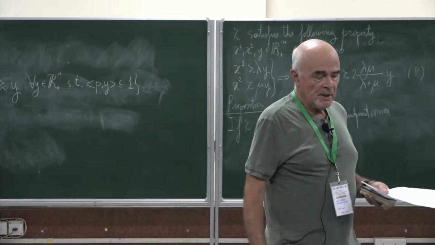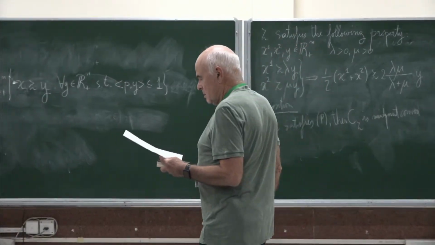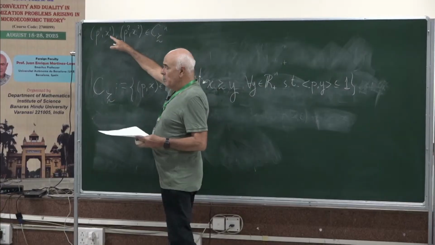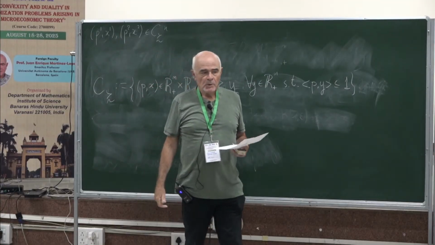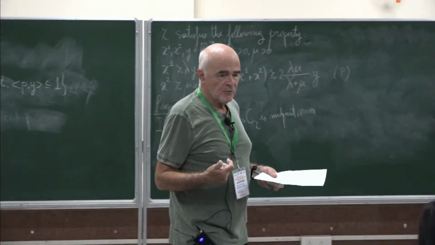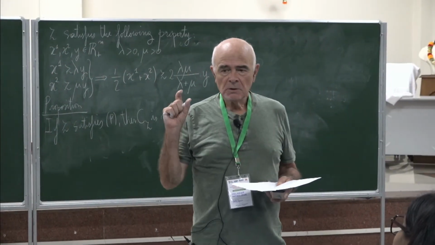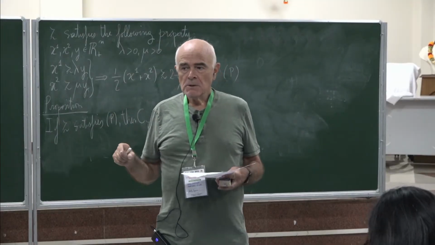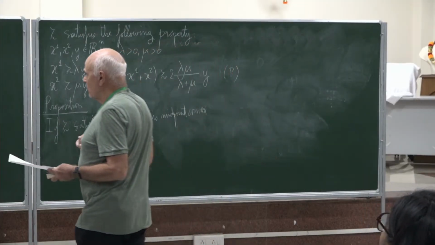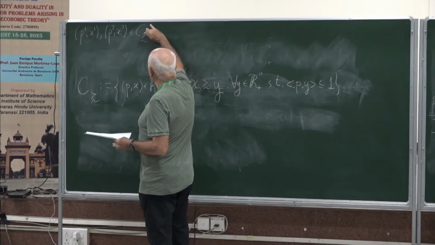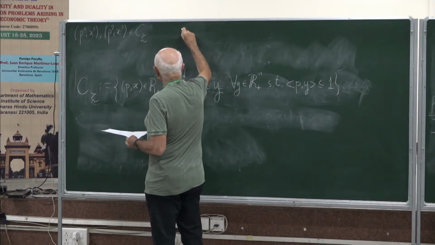And to compare the midpoint between x1 and x2 with any commodity bundle that is affordable under the price vector midpoint of P1 and P2. So I consider any commodity bundle which is compatible with this price vector.